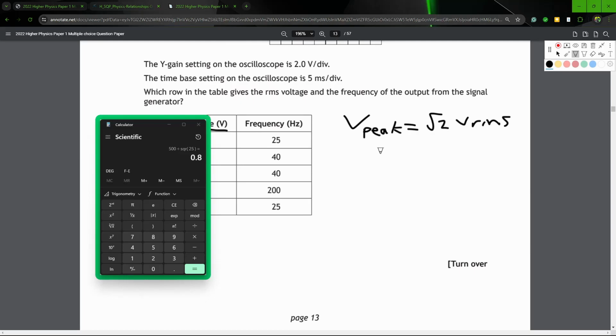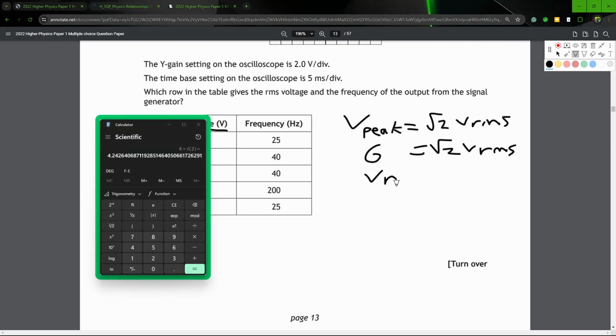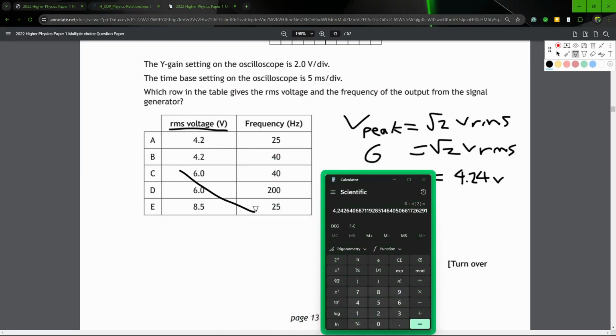So if we just divide the peak voltage by root 2, we should get V RMS. So let's just go and do that. We get this number, so V RMS equals 4.24-ish. Okay, and there we go. So we can get rid of all these.